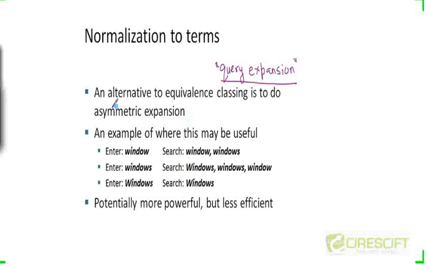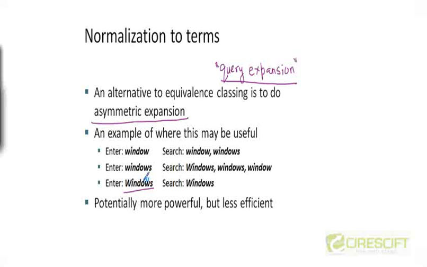The advantage of this is that here's an example where you can do something that you could not do with equivalence classing, and that is asymmetric expansion. Suppose a user enters the word Windows into a search engine where W is capitalized. So the user has deliberately capitalized W and written the other letters in lowercase.